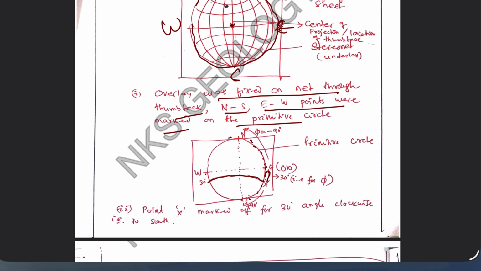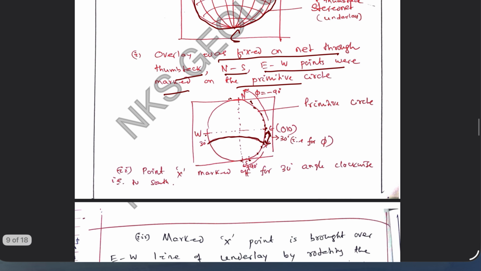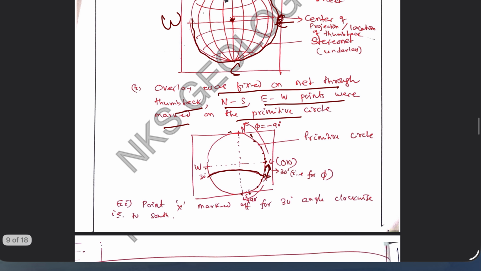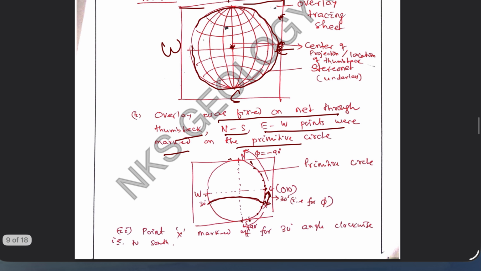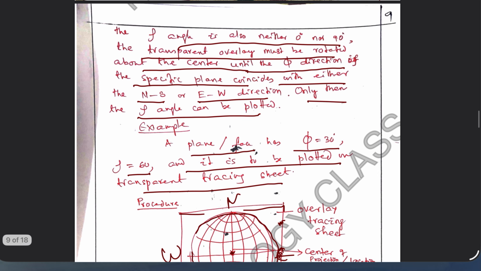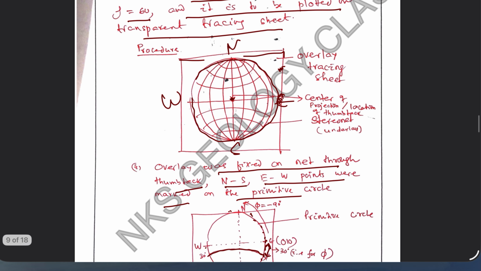So this angle is 30 degree. But rho is given, this is the phi angle. We have phi 30, rho 60.